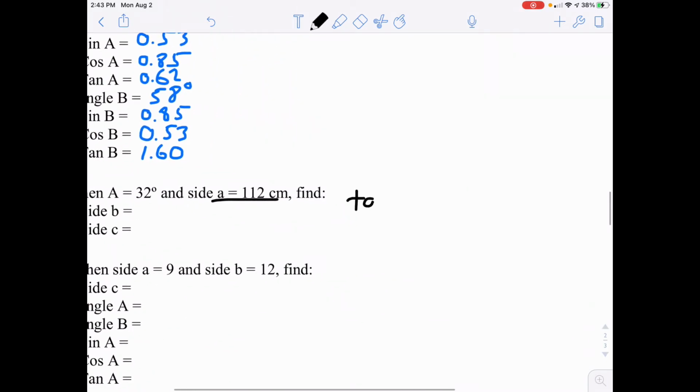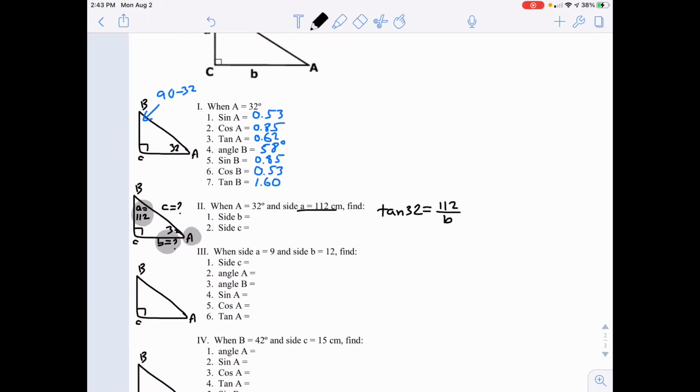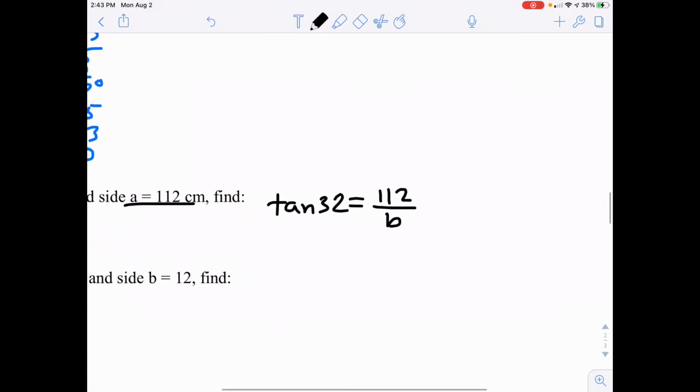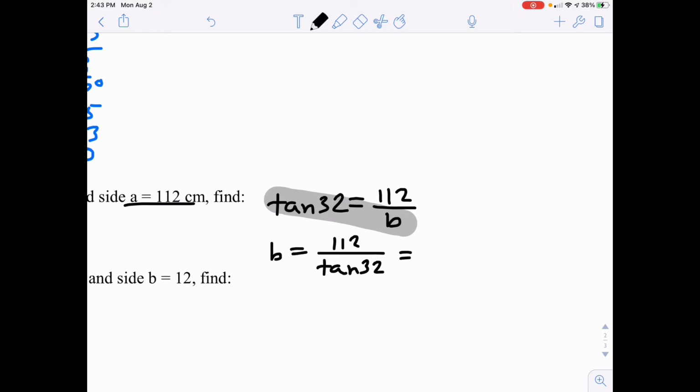So tan 32 degrees equals the opposite side, 112, over the adjacent side, which is B. Now, in order to solve this equation, I'm going to use that little trick we learned called the switcheroo, where the denominator of the fraction switches with the other side of the equal sign. And B is equal to 112 over the tangent of 32 degrees. Put that in our calculator, round to the nearest whole number. We're looking at 179 centimeters.